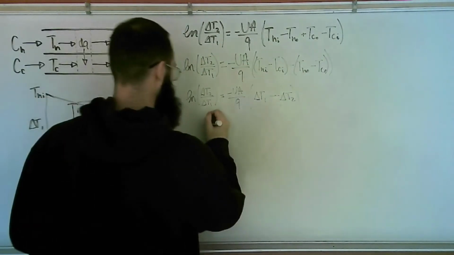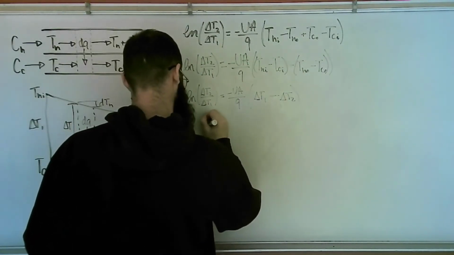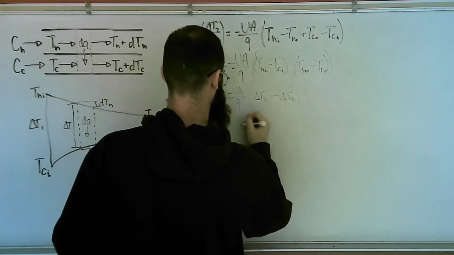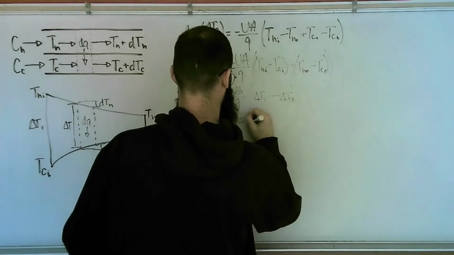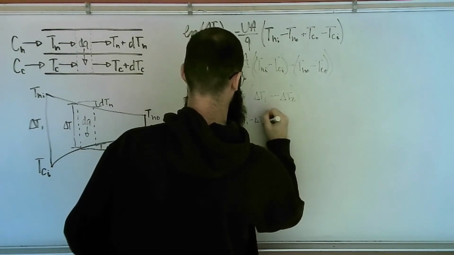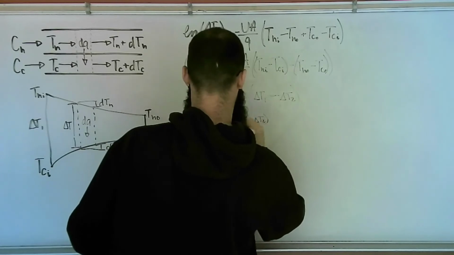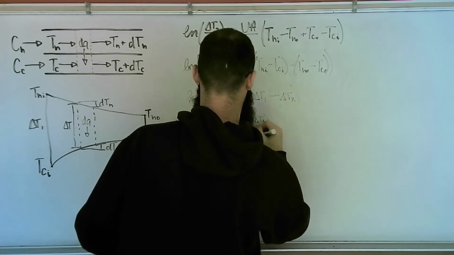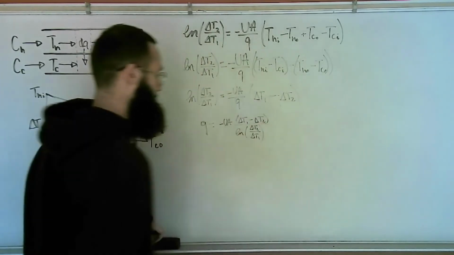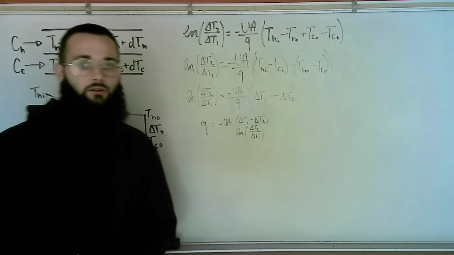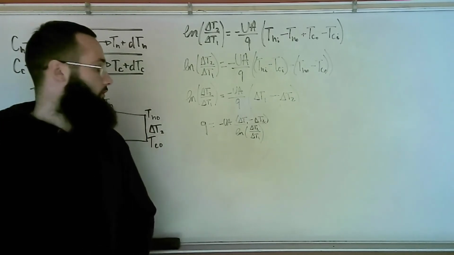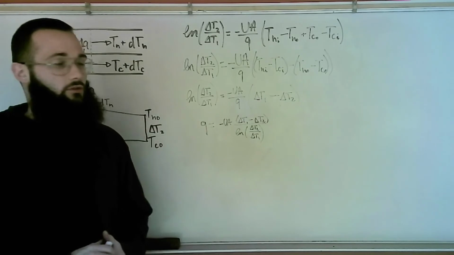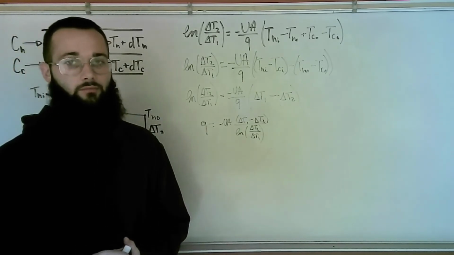So now we can do a little rearranging and solve for Q, which equals negative UA (delta T1 minus delta T2) over the natural log of delta T2 over delta T1. And from here we can do a Taylor expansion series to prove that it is equal to the counter-current heat exchanger and also the co-current heat exchanger.